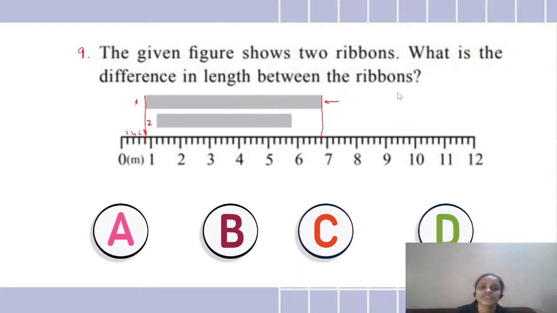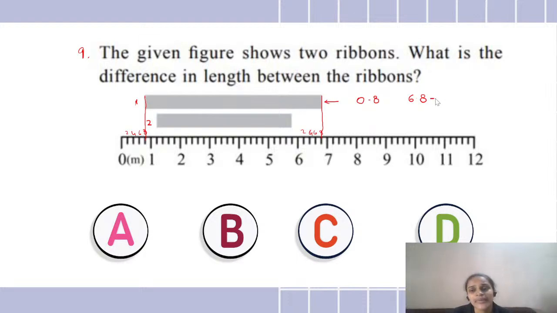Okay, so my first ribbon starts at 0.8. And it ends at 6, again 2, 4, 6, 8. So it ends at 6.8, right? 6.8. So now how will I get the length of this ribbon?